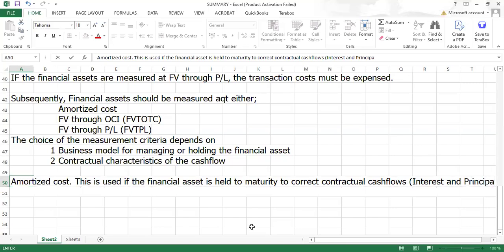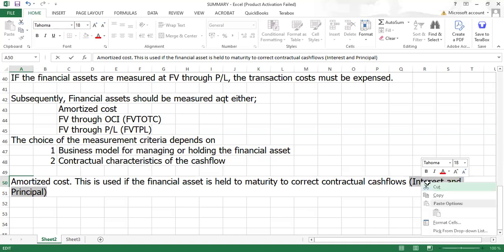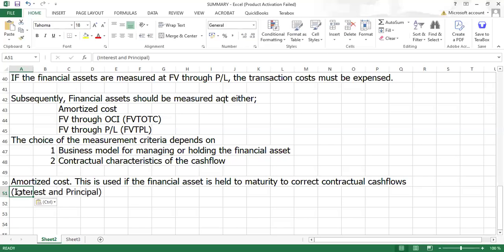If that is your arrangement, then subsequently you must measure at amortized cost. You're just holding that asset to receive interest and the principal at the maturity period.